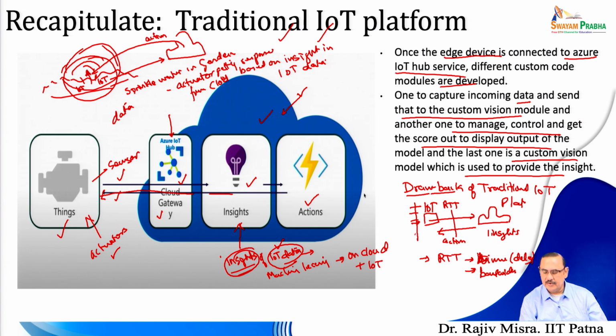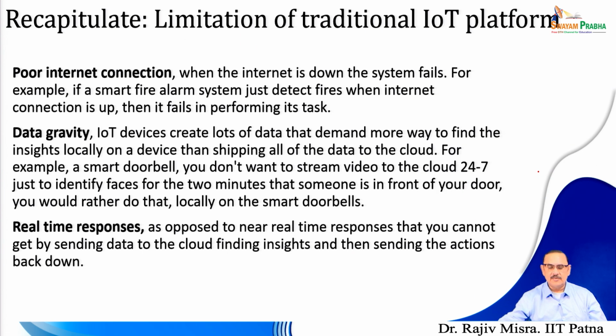If they are sending their data to the cloud, this bandwidth requirement will be quite heavy and costly also. So, we have seen the drawbacks of the traditional IoT platform.